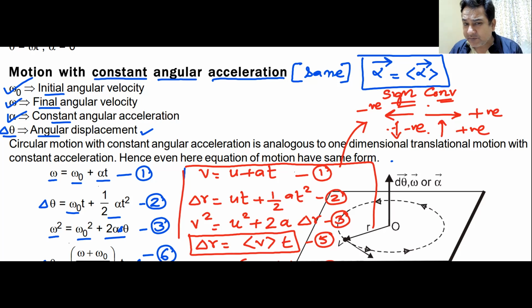The motion can take place in two dimensions, so I will make two equations, one along the x-axis, one along the y-axis. I will use the convention for the x-axis on the x equation, and the convention for the y-axis on the y equation, and I will solve the problem. Remember, the equation on one axis is independent of the equation on the other axis.